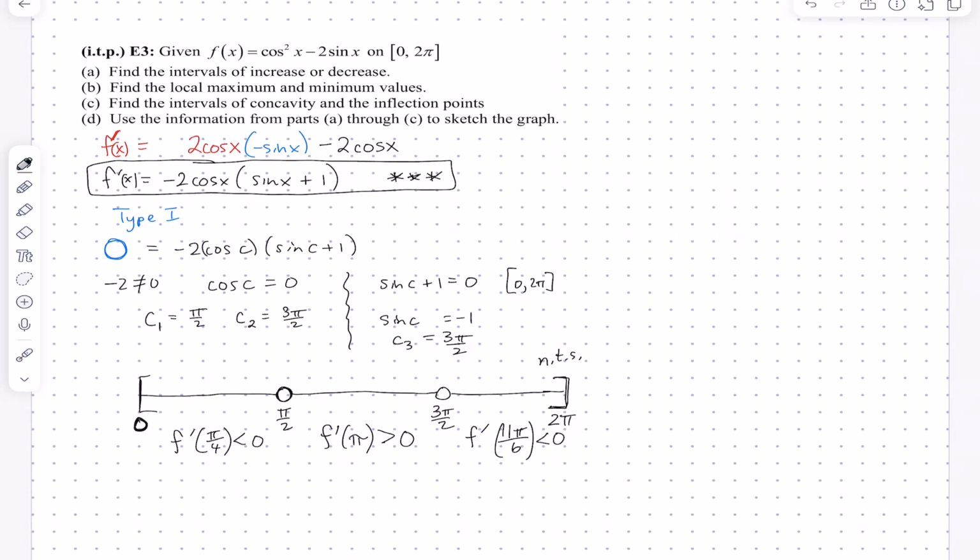Just like that, you were able to analyze the first derivative. This is also known as the first derivative test. Now let's answer part A. I'm going to answer it way up here. Part A. We know the function f of x is decreasing on two intervals. And when we're talking about decreasing or increasing, we always talk about open intervals.